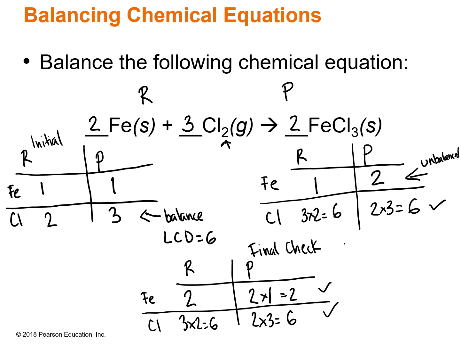That way you can look for whether or not everything is balanced, and then double check and make sure that all of your coefficients are the smallest whole number coefficients that you can make. And with 2, 3, and 2, that's as small as we can get them.